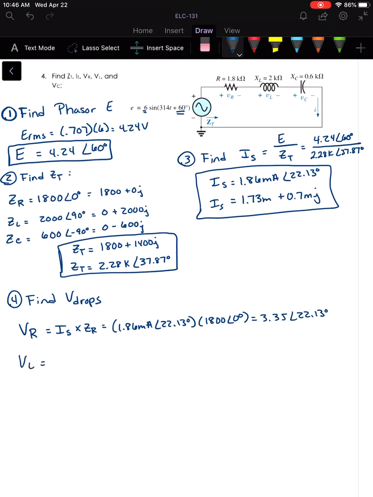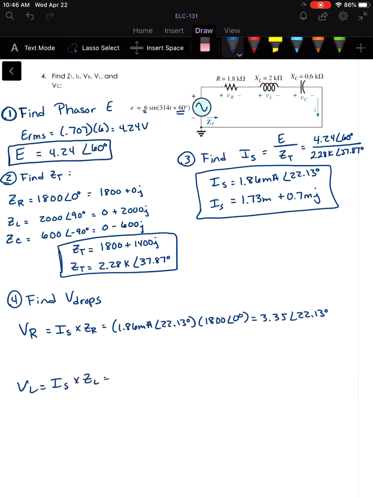And I'm going to leave these in polar form, so if you want to practice doing your conversion, go right ahead and do that. Actually, let me leave a little space as we get down to VL. I'll leave a little space and show you why.